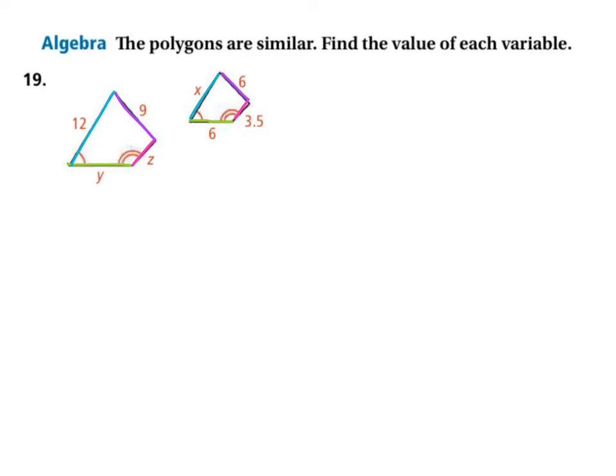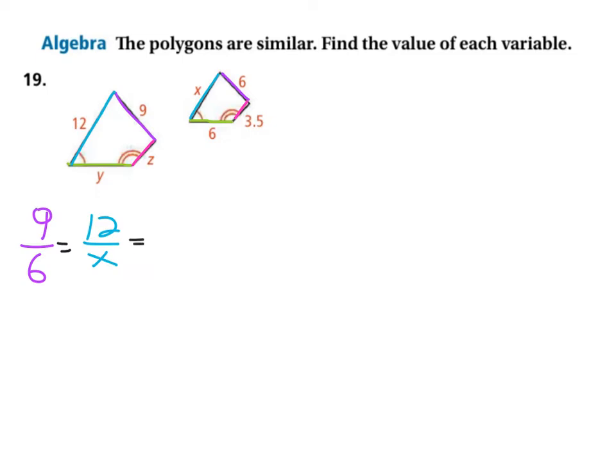And you can see that the purple side, 9 and 6, those are two numbers that we know. So we actually have a ratio for that. Okay? And what do we do for that? Let's go all the way around. Let's do the turquoise side, big to small. We've got 12 to the small corresponding side, x.